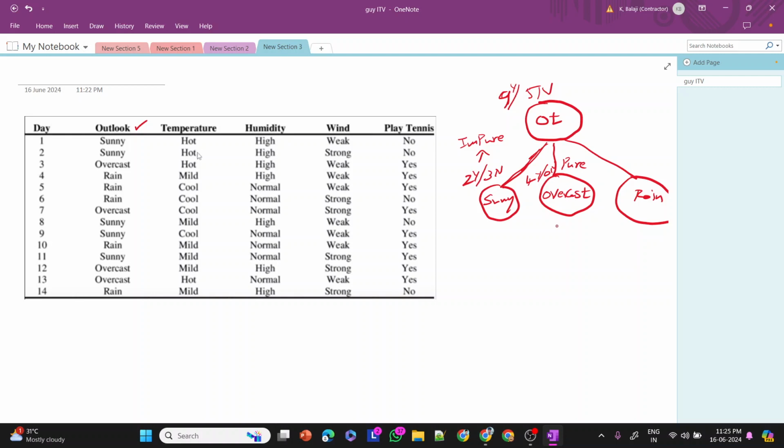What is meant by a pure node? A pure node will have an outcome for only one value. For overcast there are only 4 yeses and no no's, so this node is a pure node, and this node is called a leaf node.